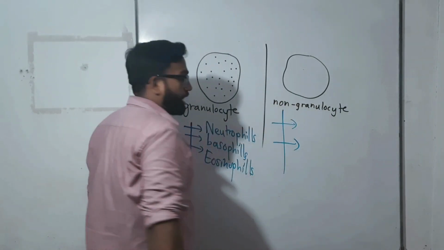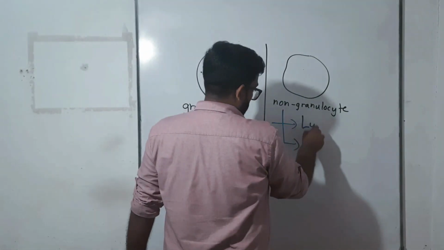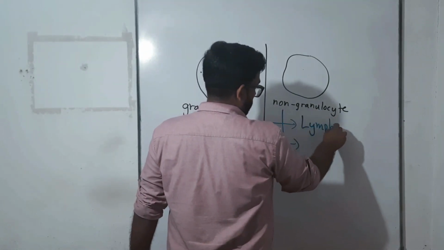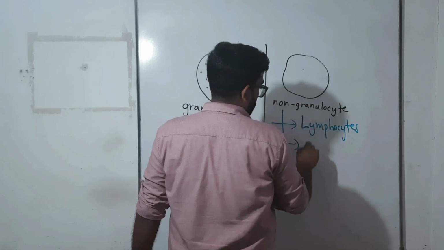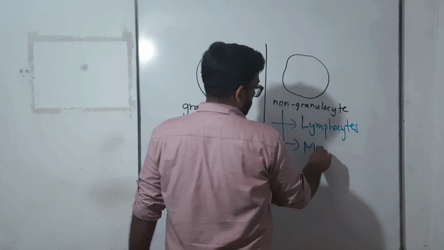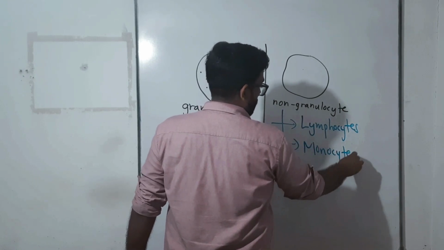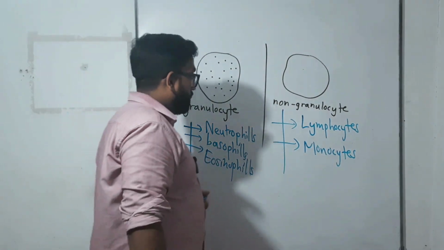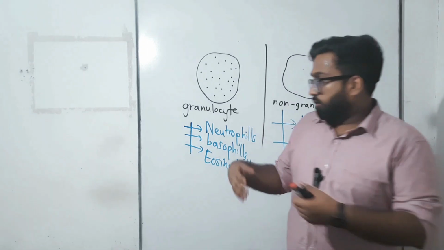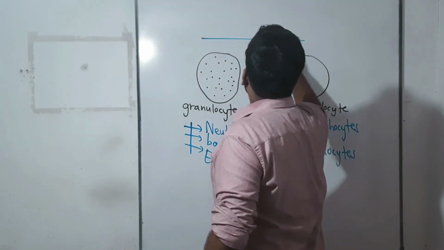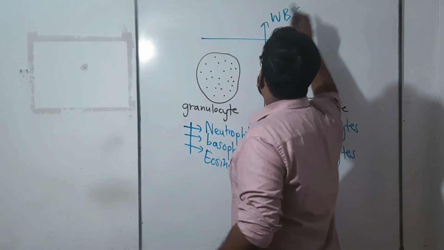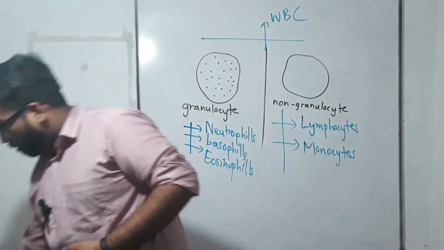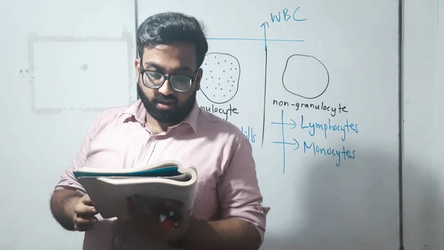Non-granulocytes, there are two types: lymphocytes and monocytes. So how many right now? 5, right? Granulocytes and non-granulocytes. So now these both belong to which one? White blood cells, WBC. So the answer should be white blood cell.